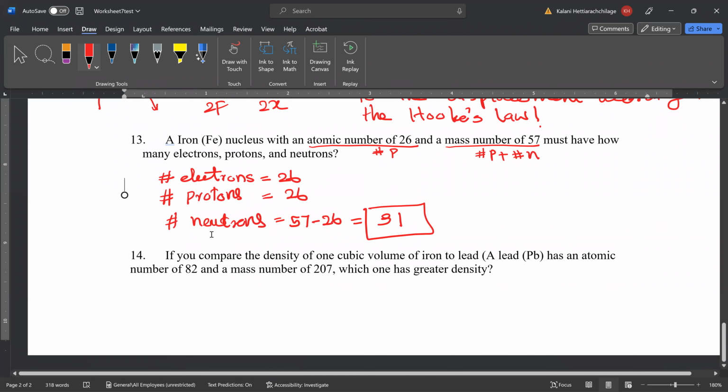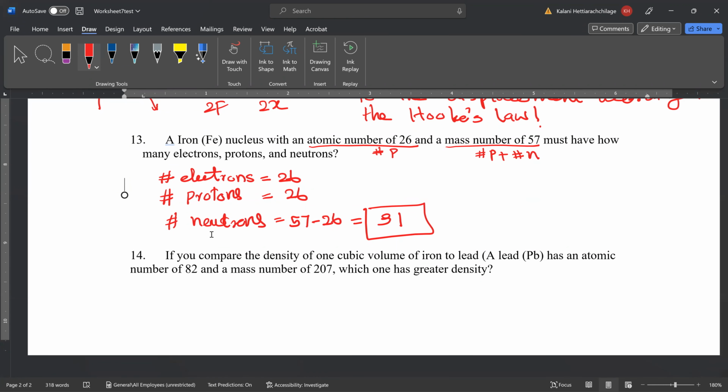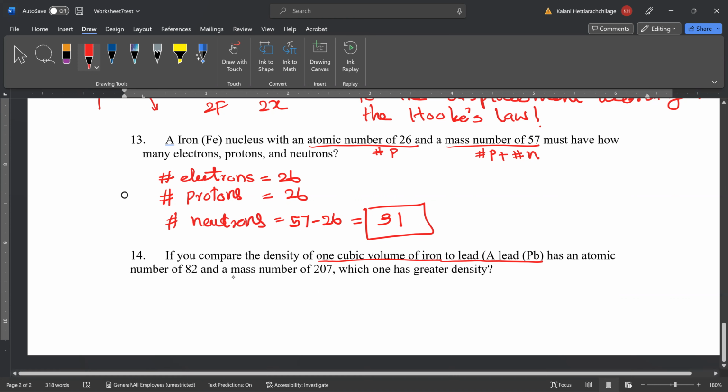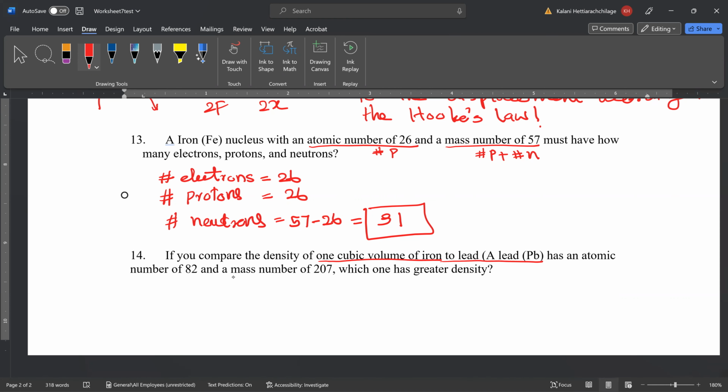That's the last question. We're going to compare the density of 1 cubic volume. We did exactly the same question earlier, but for lead and aluminium, right? So there is 1 cubic volume of iron and lead that we're going to compare. They have the same volume, that's important, and an atomic number 82.